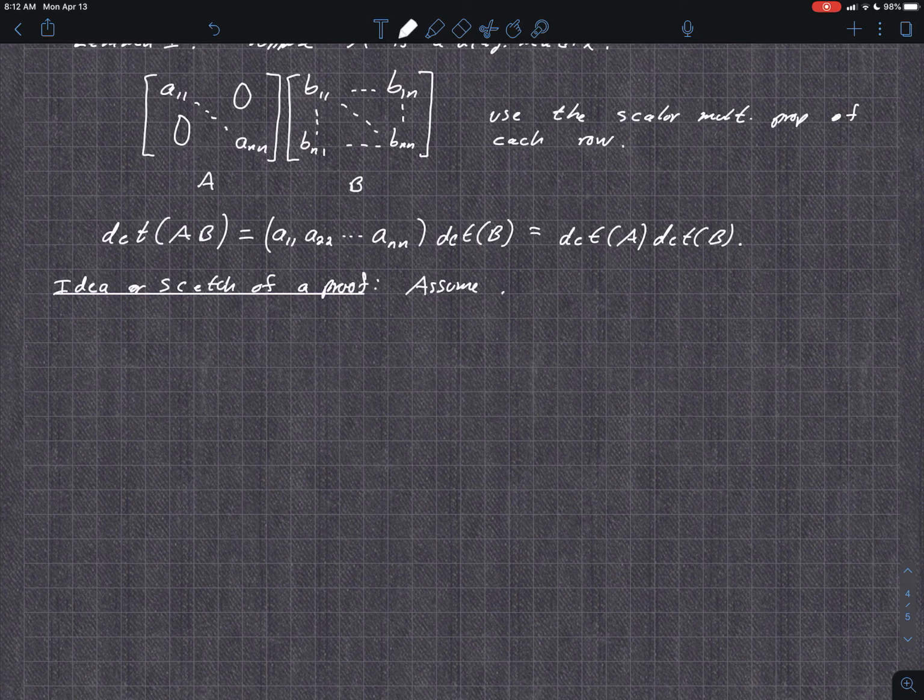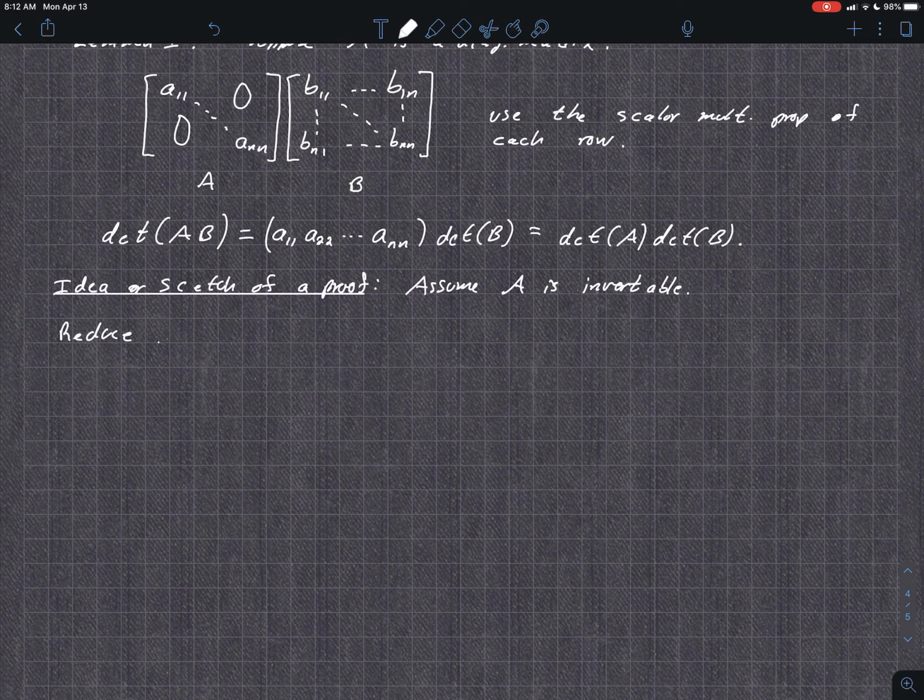So let's assume A is invertible. If A is invertible, we're going to reduce A to a diagonal matrix without changing the pivots to 1.